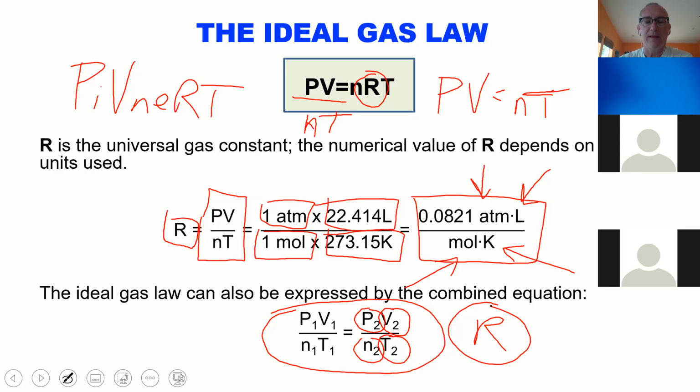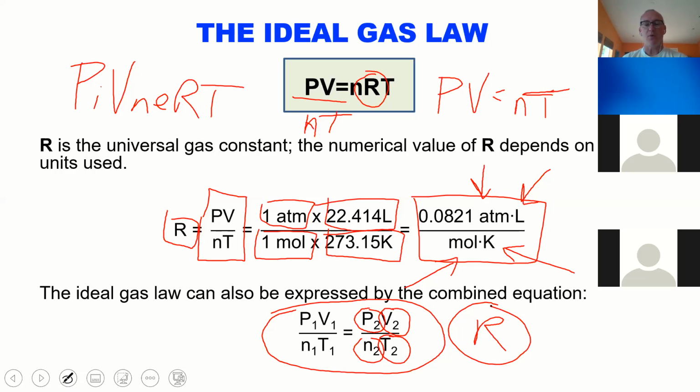By my initial pressure times my initial volume divided by my initial number of moles times my initial temperature will equal all the new things changed. So P2, V2, N2, T2, I can calculate all those things because I know that whatever I change is also going to be equal to R, right? So if my pressure goes up, I can calculate everything else that takes place.